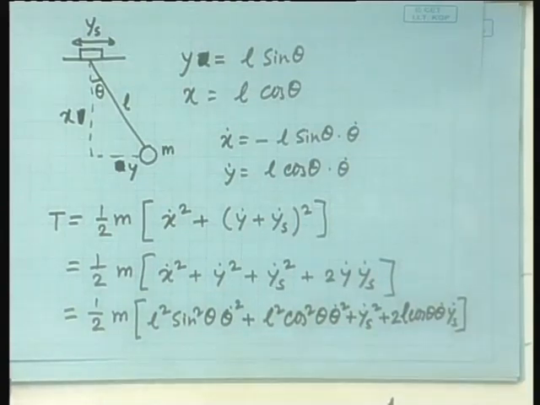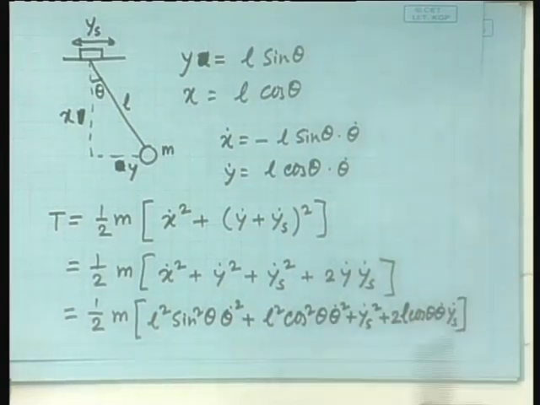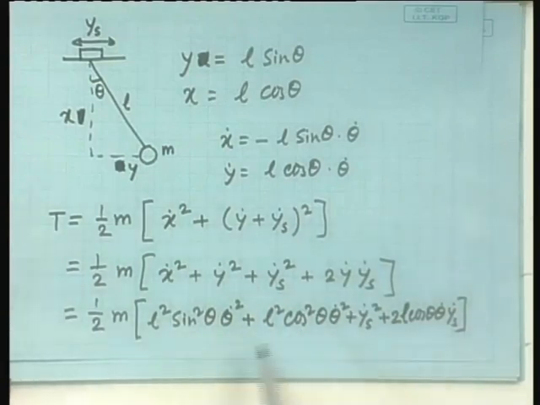What can we do from here? Wait. So it is done essentially. These two can be put together because sin squared theta plus cos squared theta is 1. So that can be simplified.